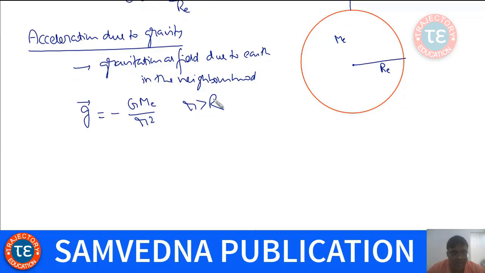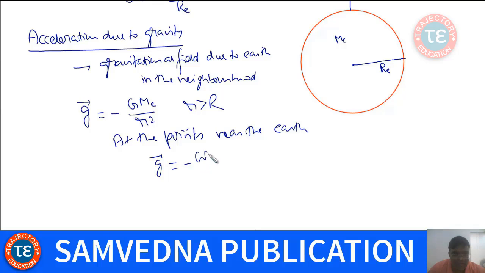For any point outside, this is going to be the acceleration due to gravity. At points near the earth, r will in that case be Re, so this is approximately G Me by Re square.